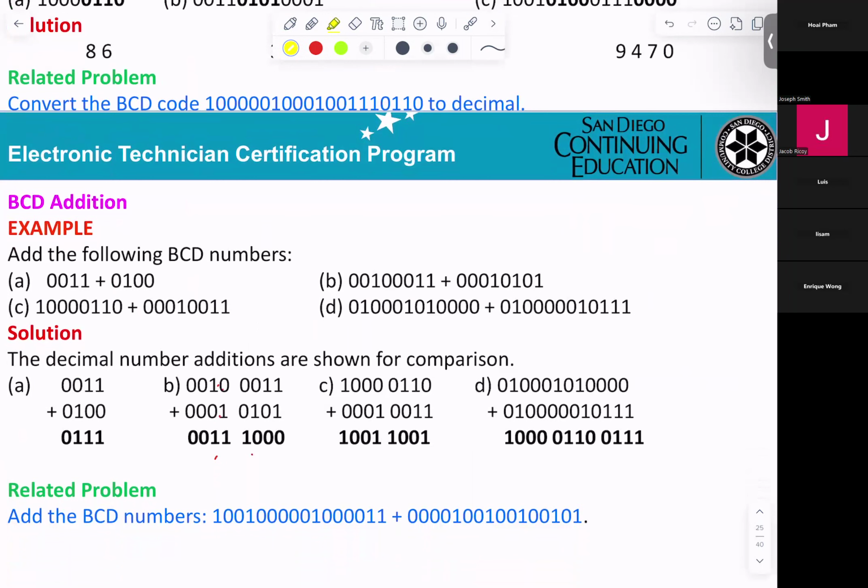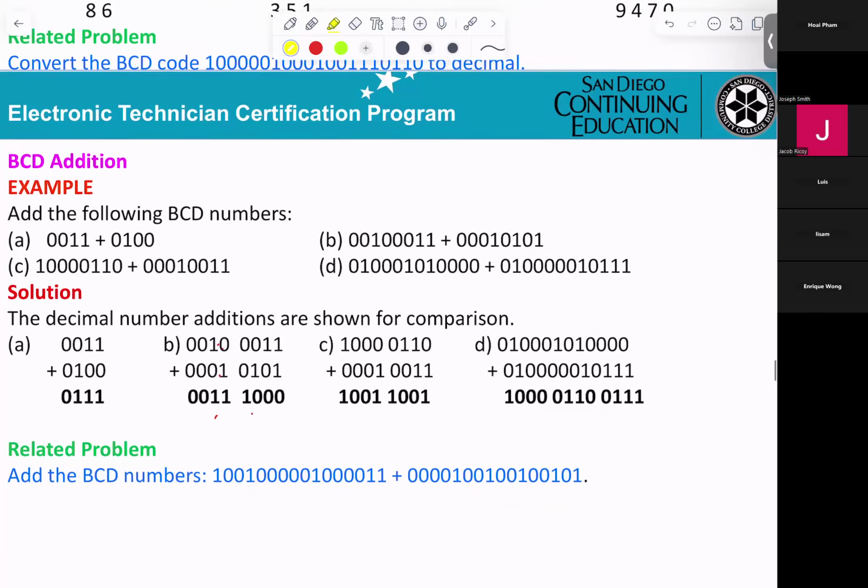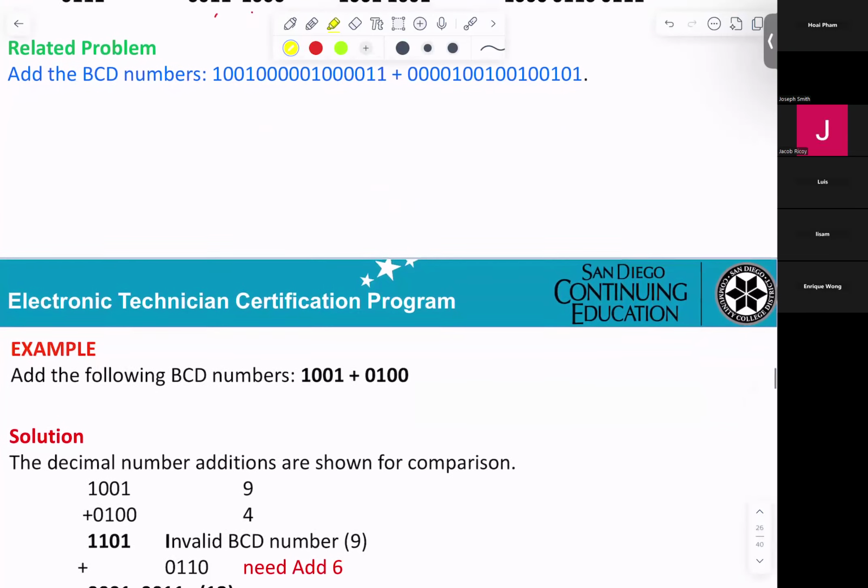Add the following BCD. Okay. You can go ahead and try. However, in our program, this is not used anyway. More theory. Okay. So that's why we don't pay attention.